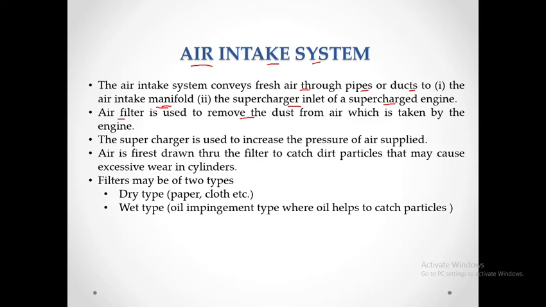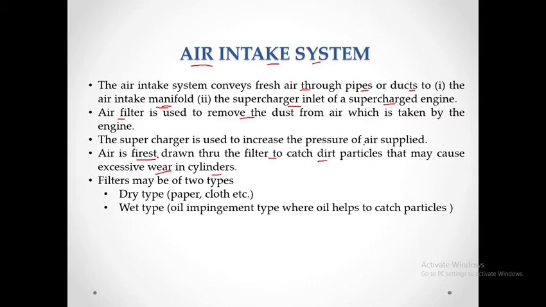Then the supercharger is used to increase the pressure of the air supply. So the supercharger's purpose is to increase the pressure. Air is drawn through the filter to catch the dirt particles that may cause excessive wear in the cylinder.